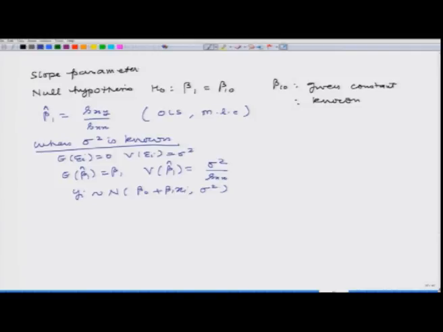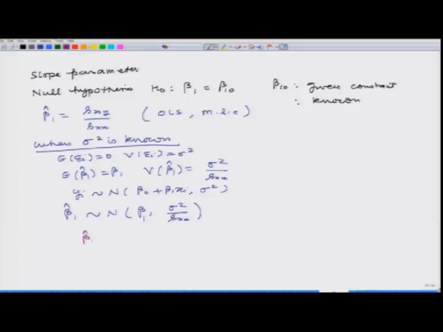So, now I can write that since beta 1 hat is also a linear function of yi, beta 1 hat also follows a normal distribution with mean beta 1 and variance sigma square upon Sxx. Based on that, I can create a statistic.